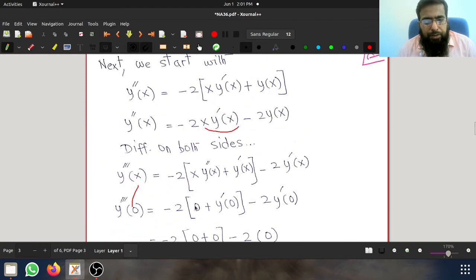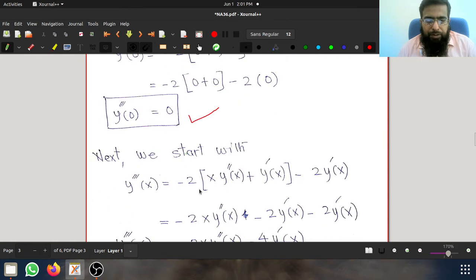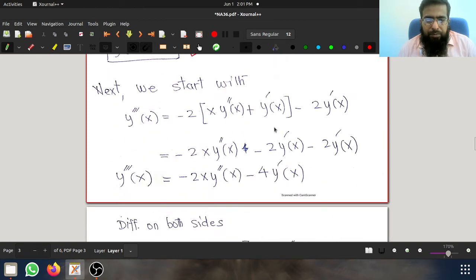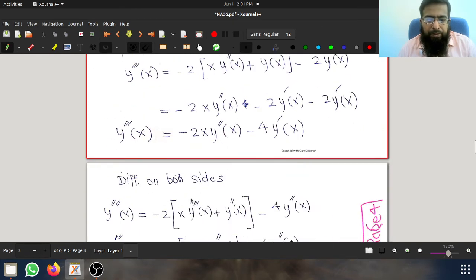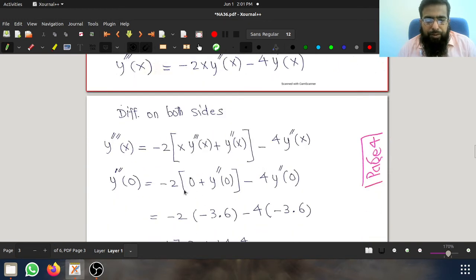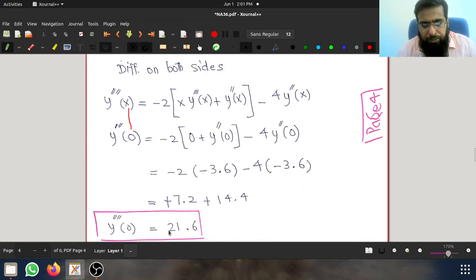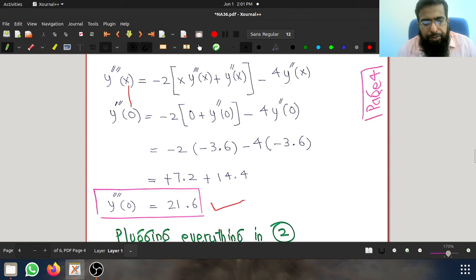And then we can start with this as the initial point, y triple prime of x, and differentiate it, and first we rearrange terms and then we differentiate it on both sides. We come up with this minus 2, this whole term, minus 4 y prime of x, and if you put 0 instead of x to evaluate y fourth derivative of 0, it comes out to be 21.6.